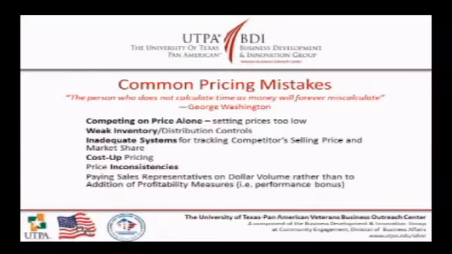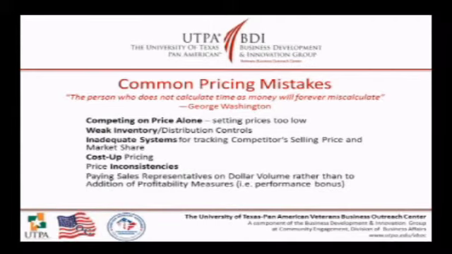This might be the same product, and customers are going to perceive that differently. So you need to be aware of that. That's another common mistake. Price matching is used to try to handle that situation.